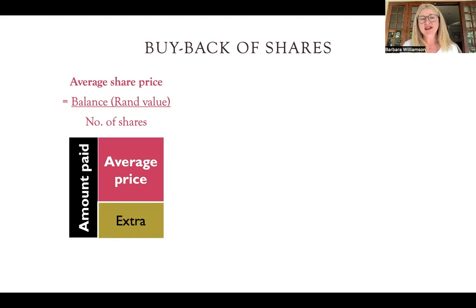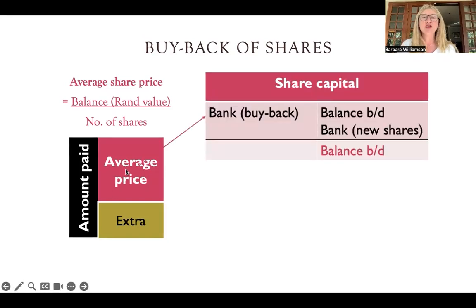Keep in mind that that little calculation of value over quantity is exactly the same as when we look at the weighted average when we're doing inventory valuation. So hold that thought. Over here, we're going to just take value over quantity in order to get our average price, and that tells us how much we can take out of the share capital.